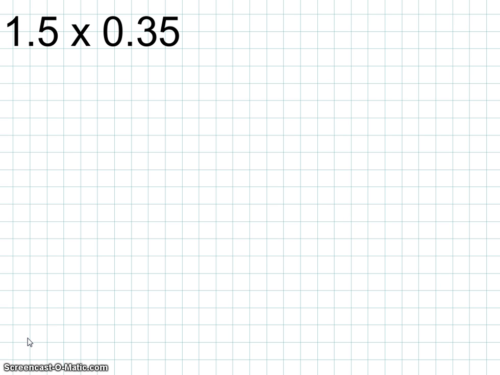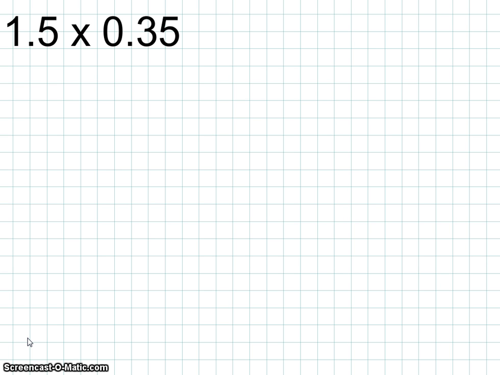Now, as we discussed in class, we don't really need to panic. I'm 100% sure that nobody needs to panic just because there are decimal numbers involved in a multiplication problem, because there's a way to get around this.